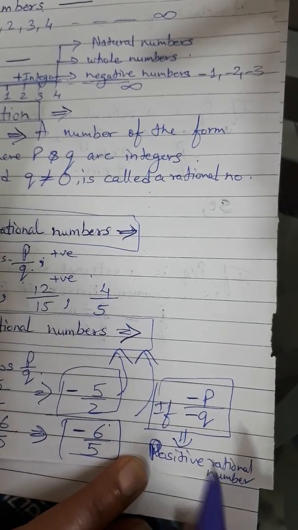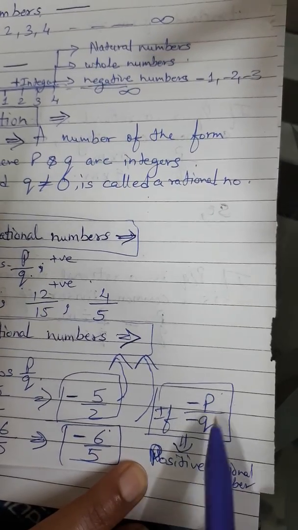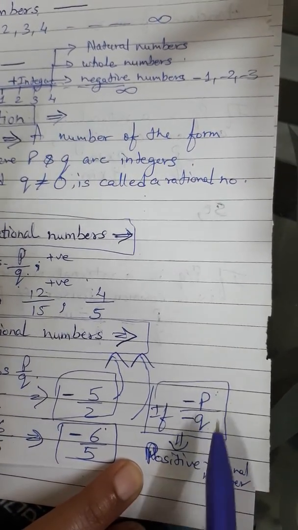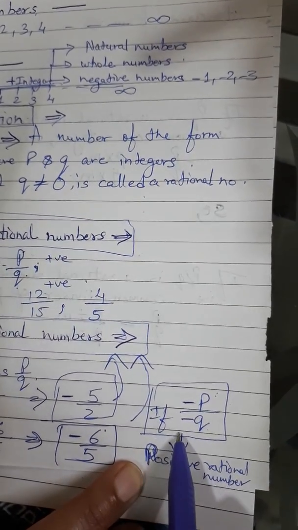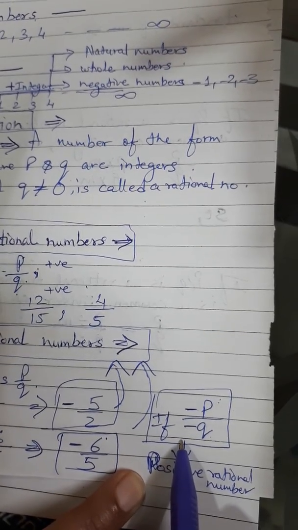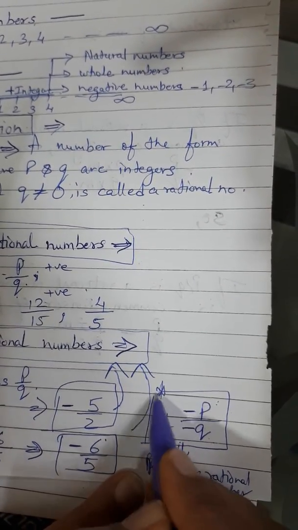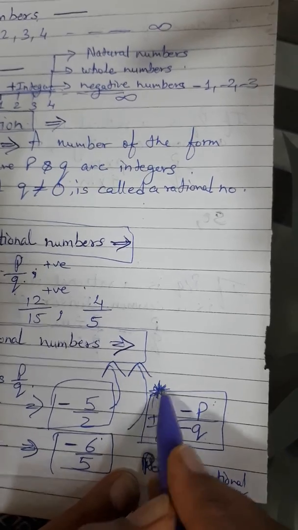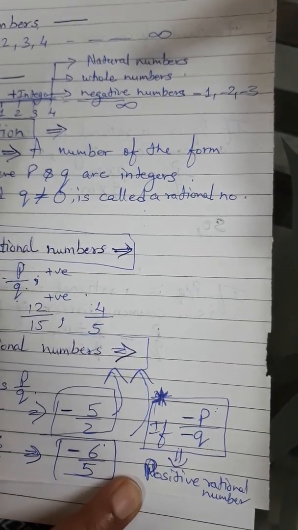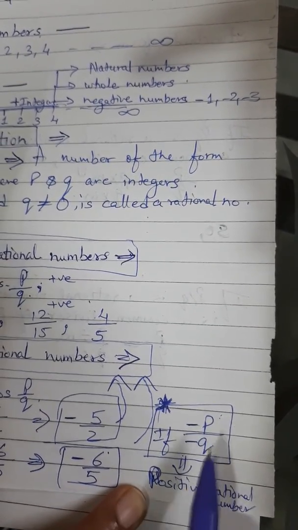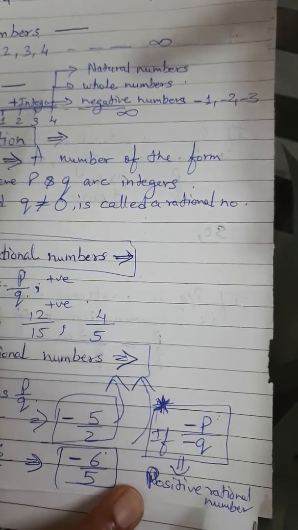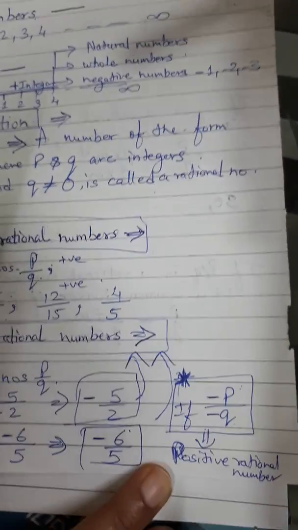It is a positive rational number if both numerator and denominator have a negative sign. This is a unique property, and you will learn later why this becomes a positive rational number.